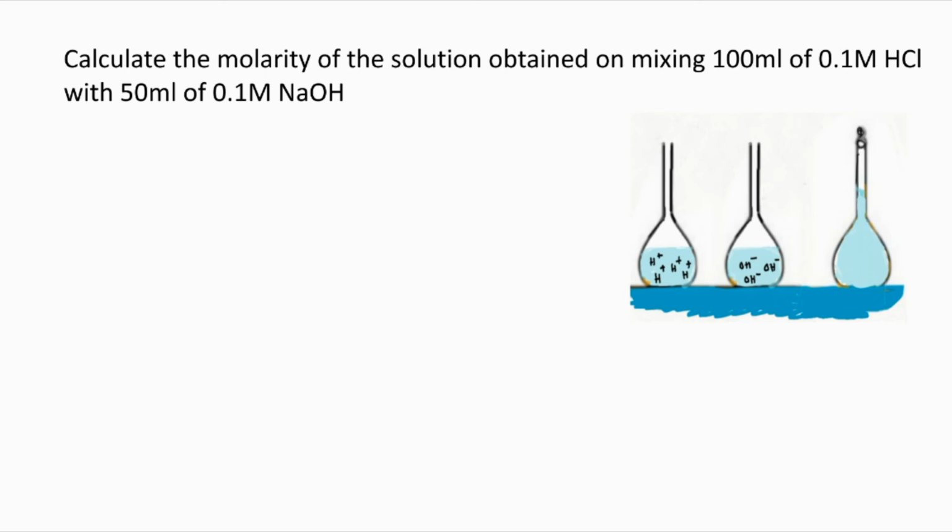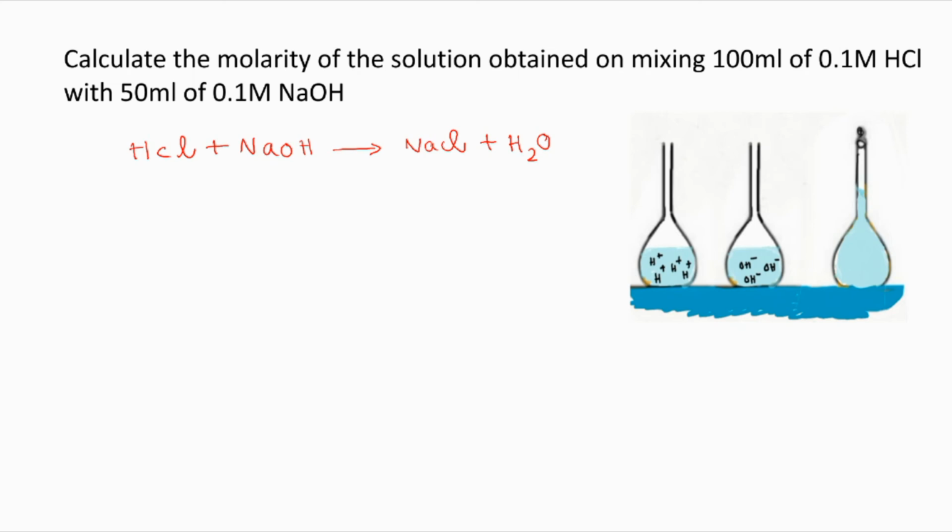We know that when an acid and a base are mixed together, they react with each other. Whenever you get this kind of problem, you have to write a balanced chemical equation first. Hydrochloric acid reacts with sodium hydroxide. What will be the product obtained? You will get sodium chloride and water.